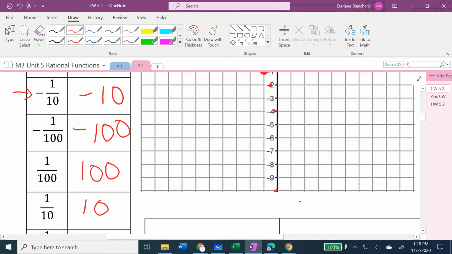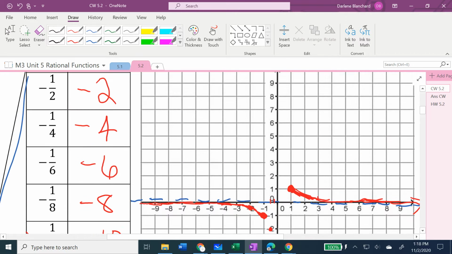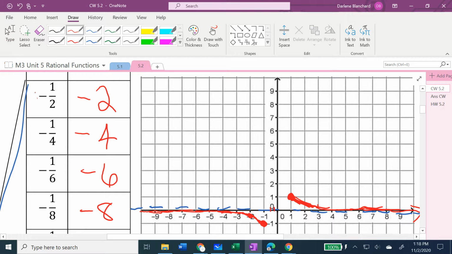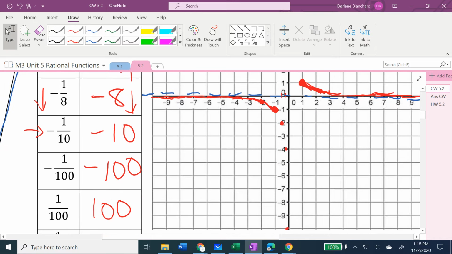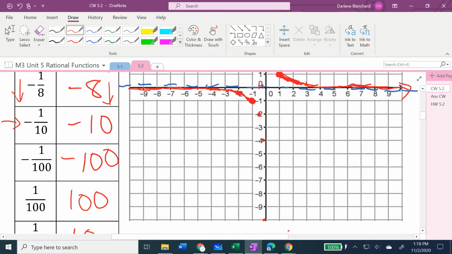Can you see with the numbers, as I'm going from -1/2 to that -1/10, that I am growing my negative numbers into bigger negative numbers? And what graphical formation do you see happening? Yay! Thank you, asymptote.